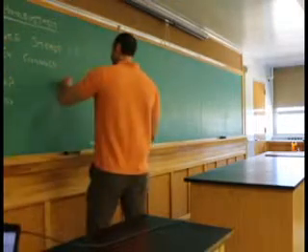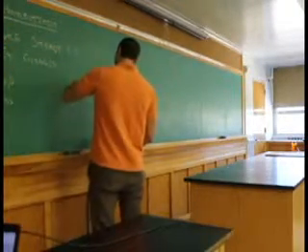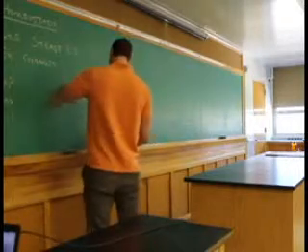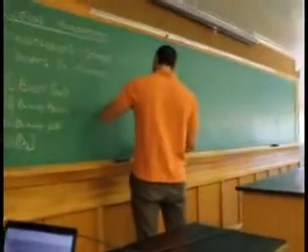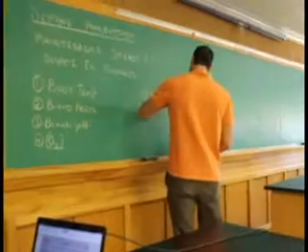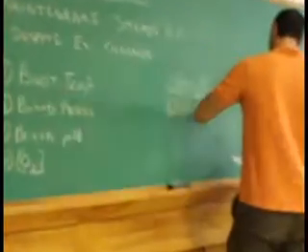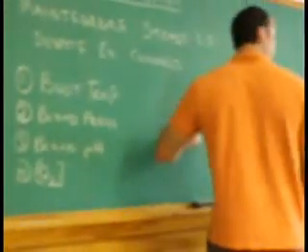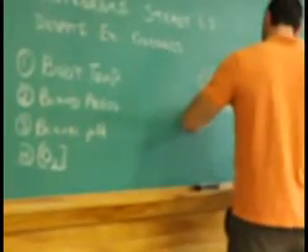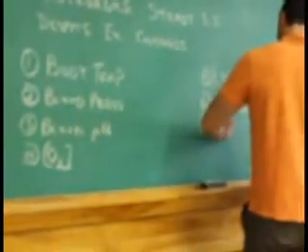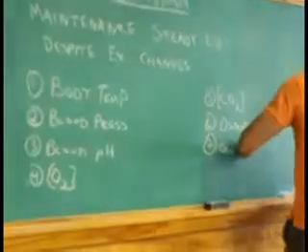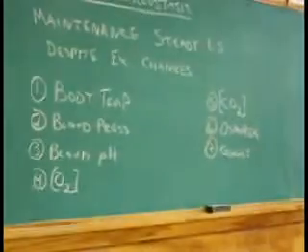So oxygen concentration, CO2 concentration, osmoregulation, and blood glucose. Okay, so these are 7 examples of homeostasis in the human body that we're going to need to be aware of.